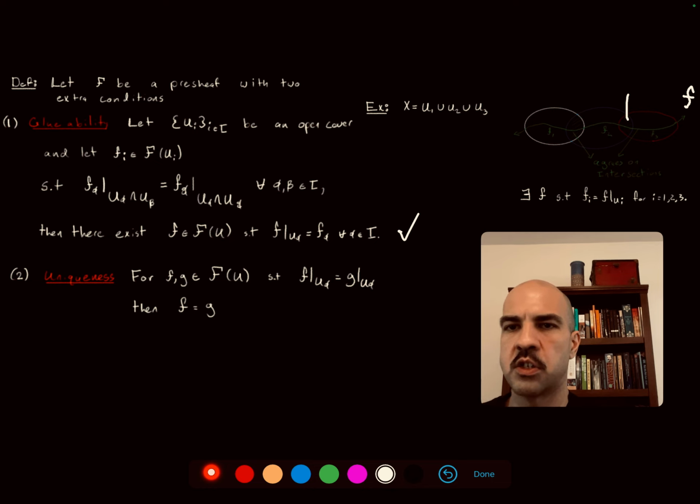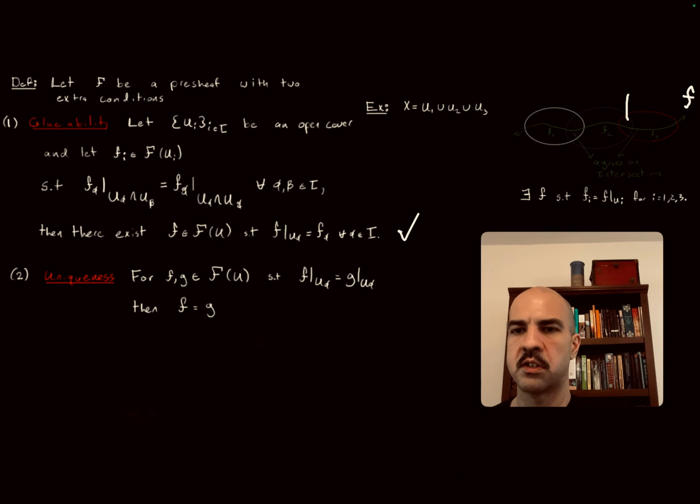The second condition is going to be uniqueness, and this is also sometimes called locality. So if we have two sections in this total space such that they're equal restricted to every open set, then they're actually equal. And to see this, we're going to look at a non-example to see what it looks like when this condition fails.